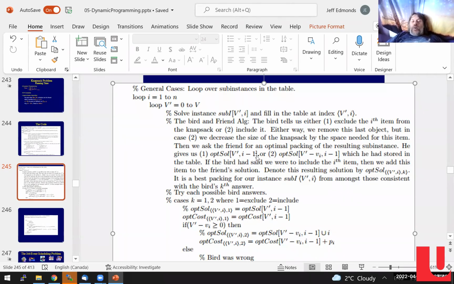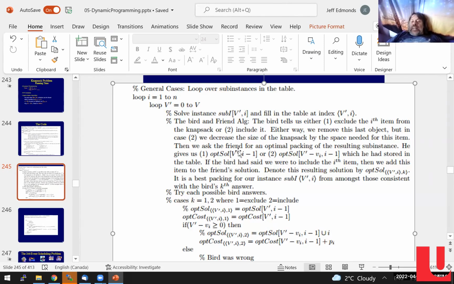And how am I going to solve this smaller problem? I'm going to get my friend to solve it. That's where the friend comes in. I ask my friend, hey, friend, how do I put the first i minus one objects in the knapsack of size volume V prime?